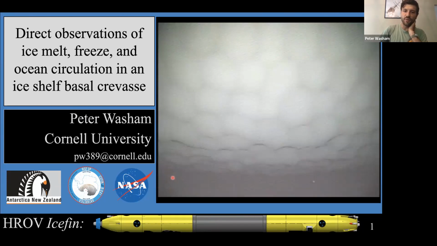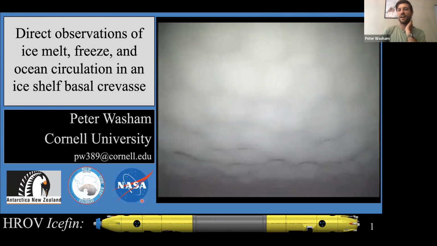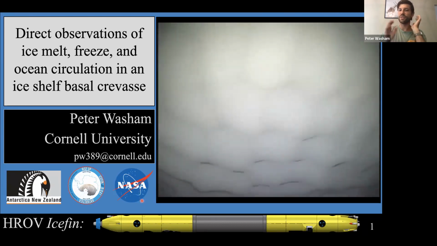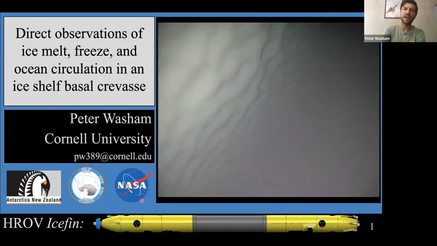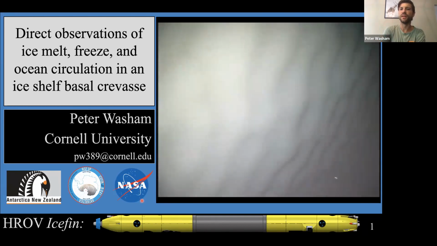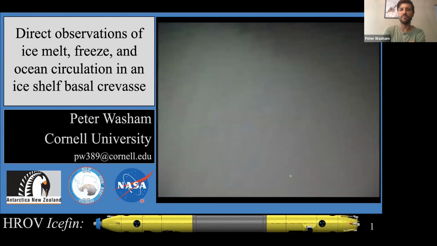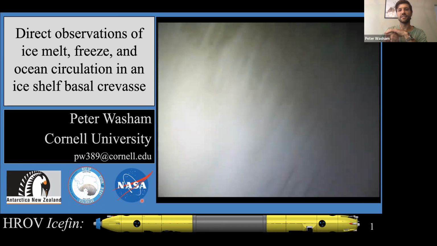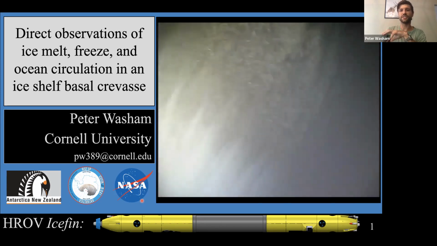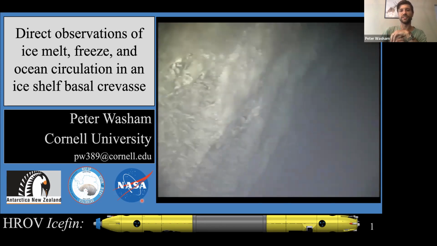The data we collected was within a crevasse, and what I'm showing here are two of the walls of the crevasse. This is video footage from IceFin, and you can see these really neat morphological features in the ice.